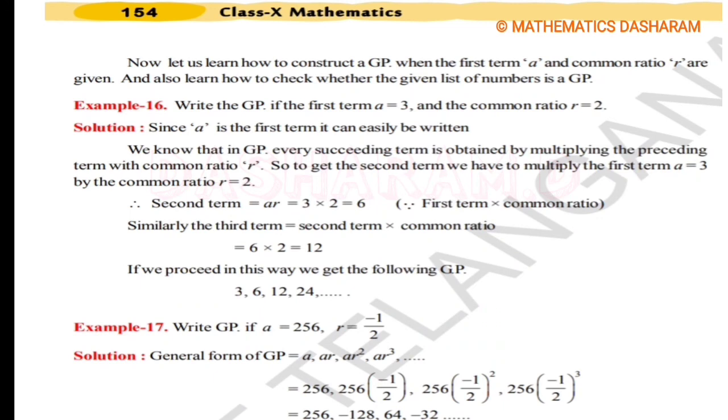So let's complete the example problems. Example 16: write the GP if the first term is A, that is 3, and the common ratio R equals 2. So here A value 3, R value 2.